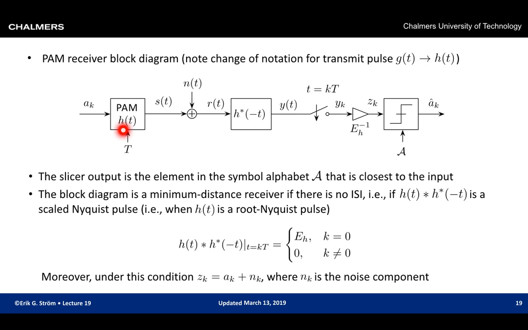So now we have H is the transmit pulse, but we also select the receive filter here to be matched to H. So this is the matched filter to H of t.